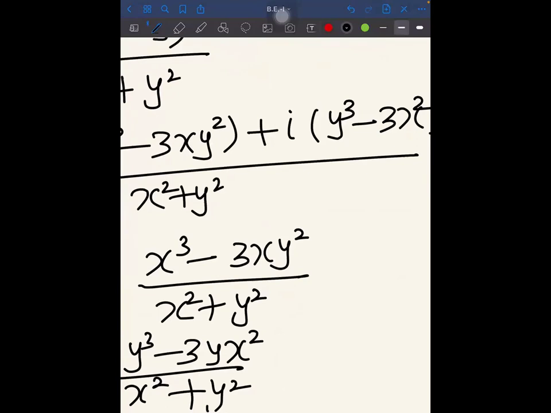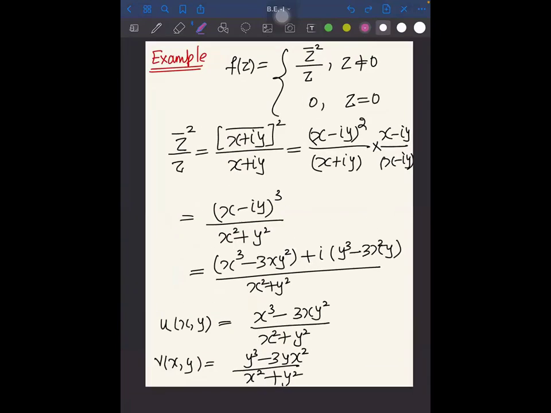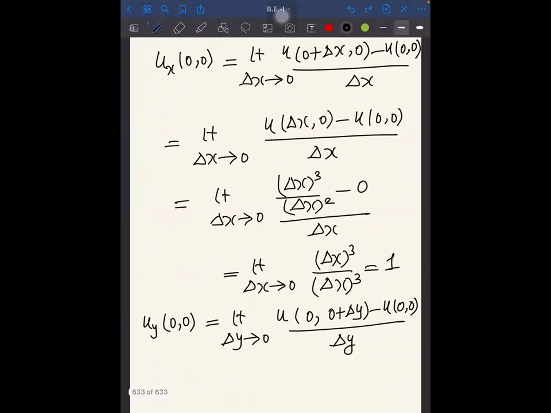If you keep x 0, these expressions get cancelled and you are only left with 0, right? All of this becomes 0, this is 0, this is 0. So you are left with 0 minus 0 upon delta y, limit delta y goes to 0, which is nothing but 0.